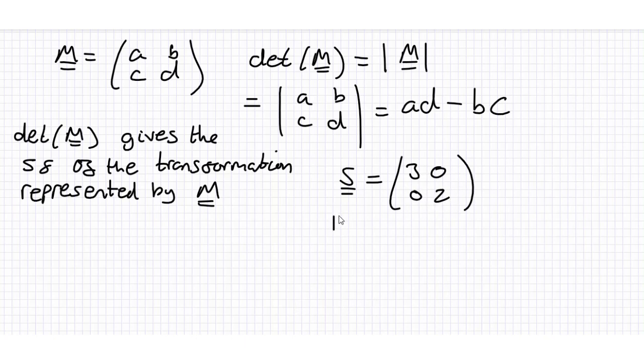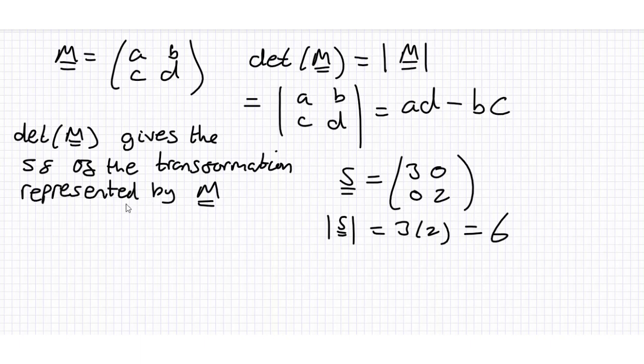So our determinant of S is equal to 3 times 2 minus 0, which is equal to 6. Well, this makes sense as a scale factor because we're stretching in the x direction by 3 and in the y by 2, so overall the shape gets 6 times bigger.